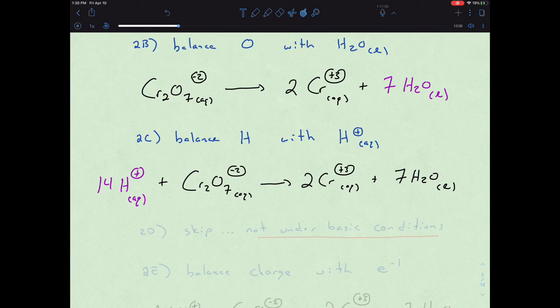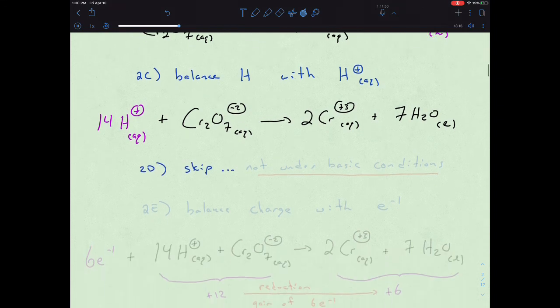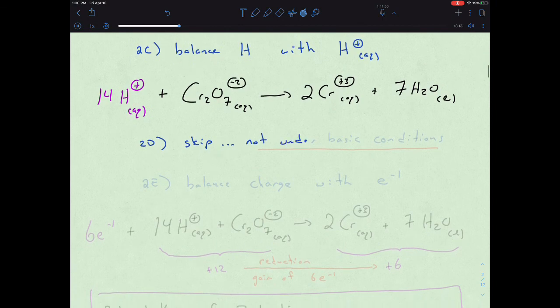So we then go to 2D. We can skip 2D because we're not under basic conditions. Right?